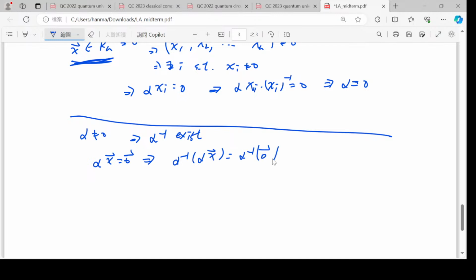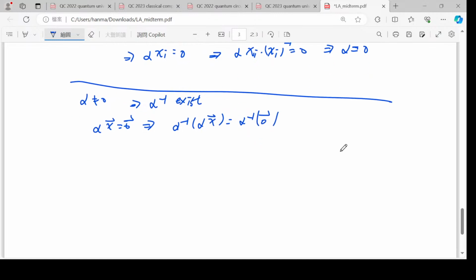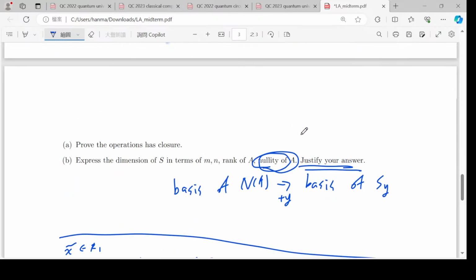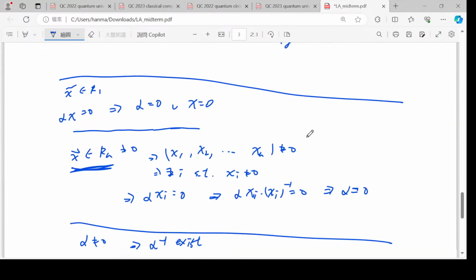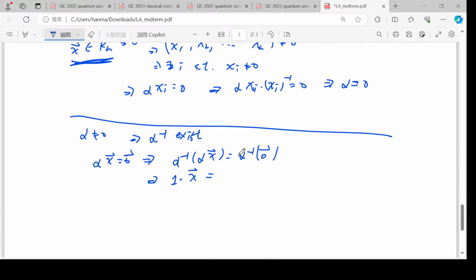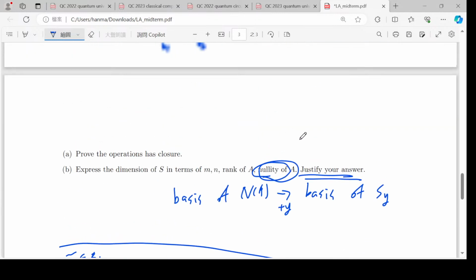We are doing this very carefully, so on both sides we can use the axioms. On this side we use the axiom to combine the scalars first, so we have 1 times x. On the right hand side, if we are very careful, we need to prove that alpha minus 1 times the 0 vector is still 0.